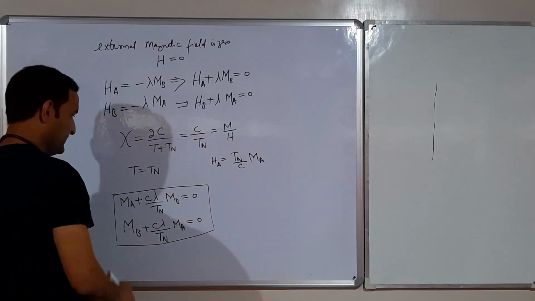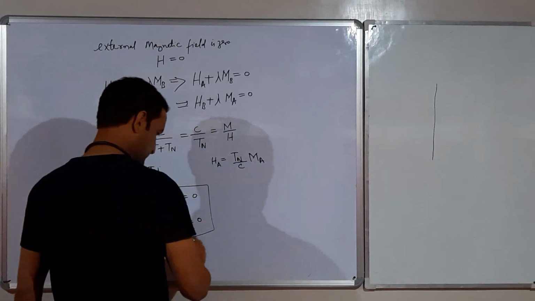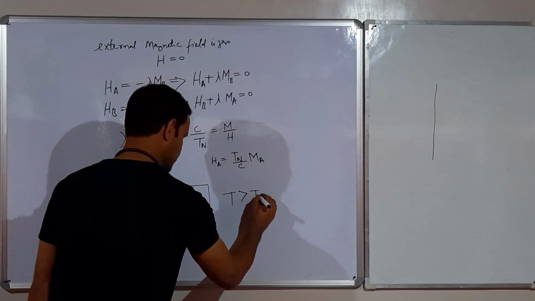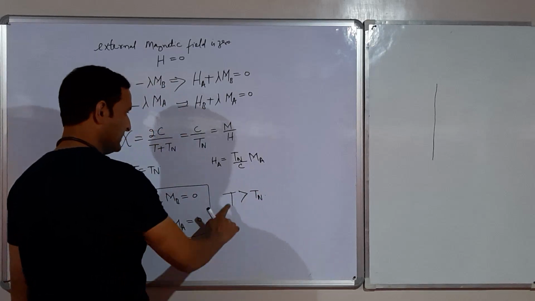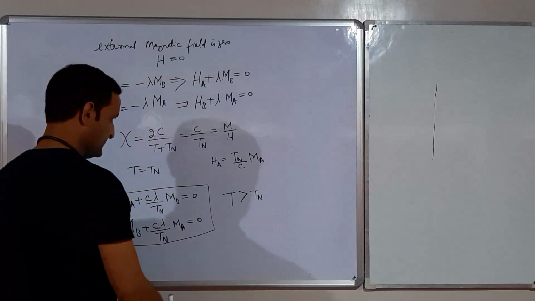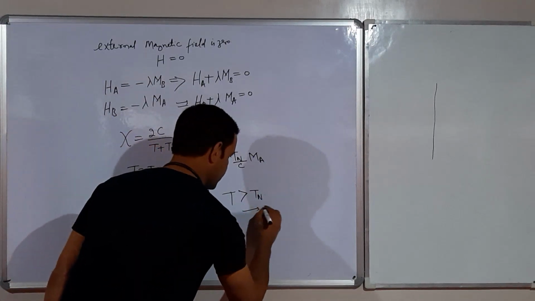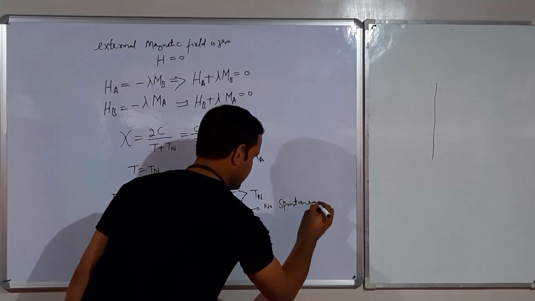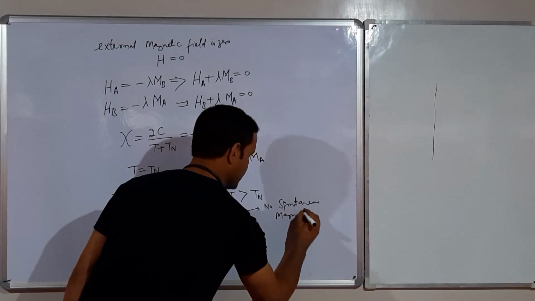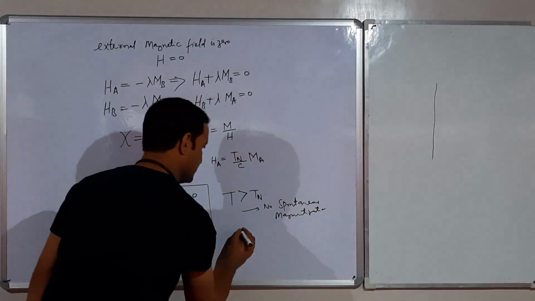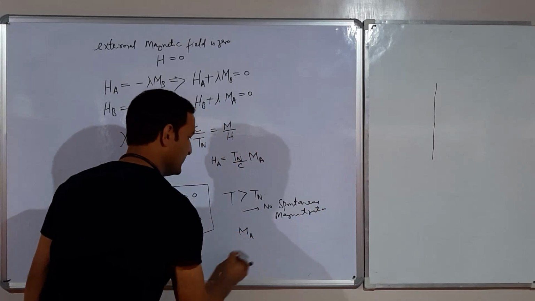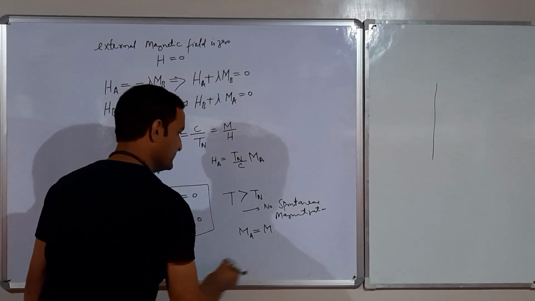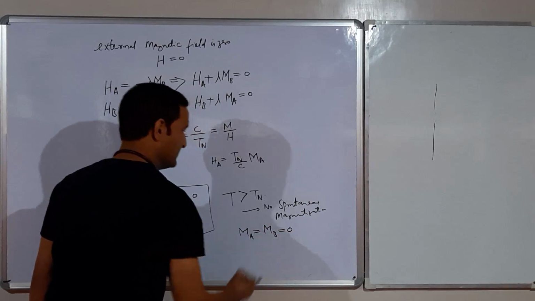So from these two equations, if T is greater than Tn, there is no spontaneous magnetization. Therefore, the magnetization due to the A lattice, that is the spontaneous magnetization, will be equal to the spontaneous magnetization due to the B lattice, will be equal to 0.